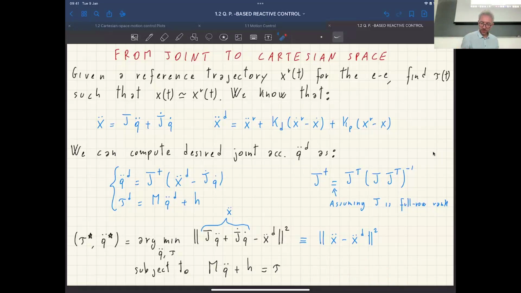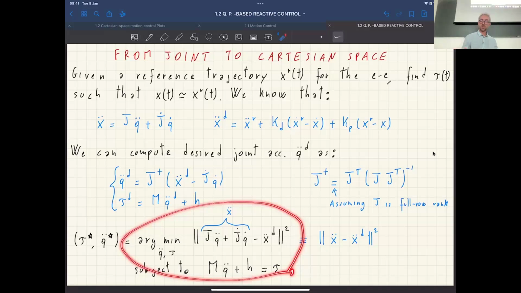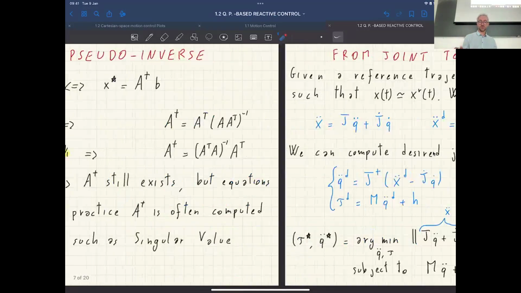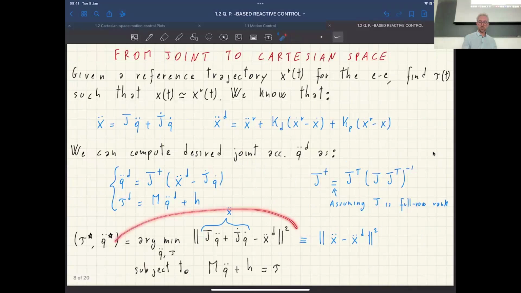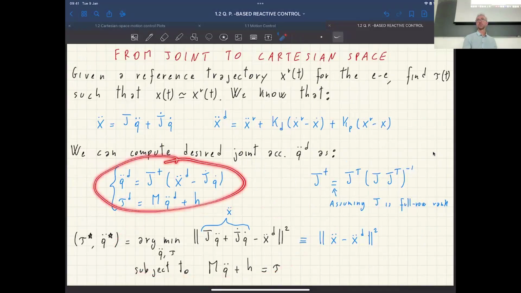And now, if you actually try to solve this problem using the pseudo-inverse, because we know that you can solve a least square program using a pseudo-inverse. We have seen it in the previous slide. You can show that the solution of this problem is exactly this.